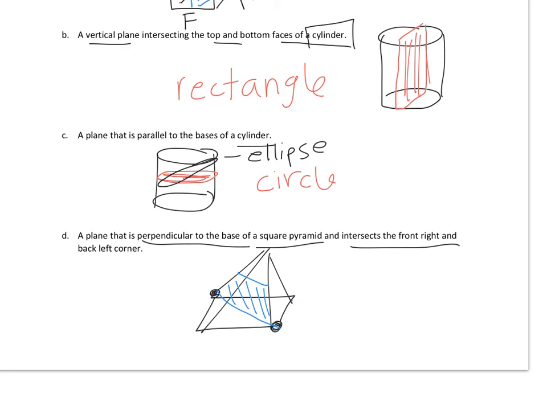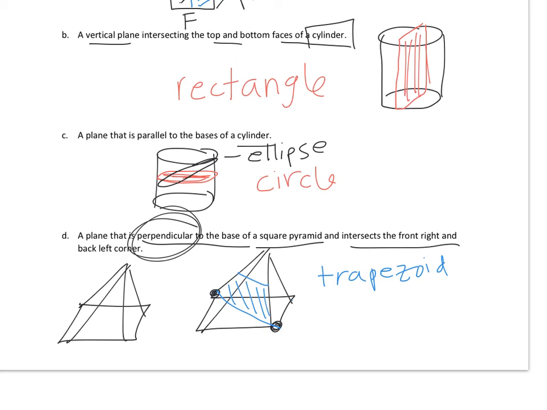This one would be a trapezoid. So I'm looking at my notes that I wrote before. If you're looking at the notes online, I misread that it was parallel. So notes online look like this, and that would make a square.